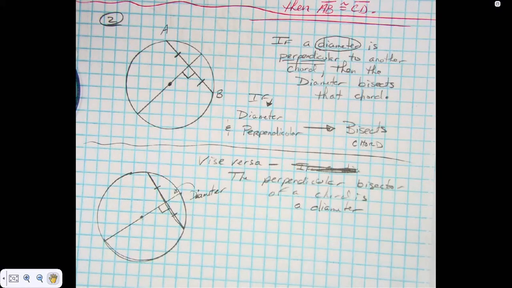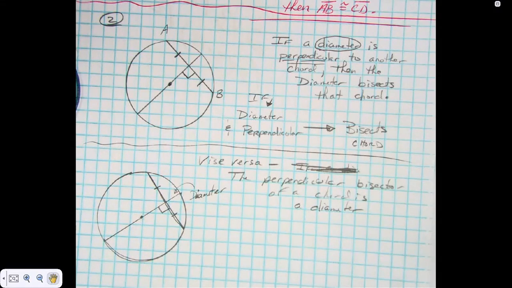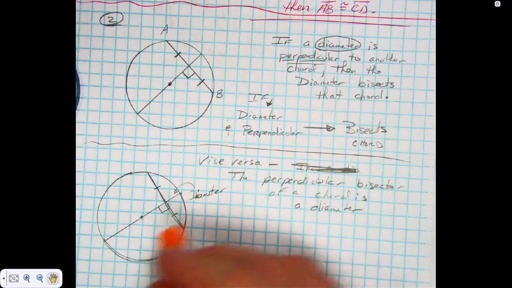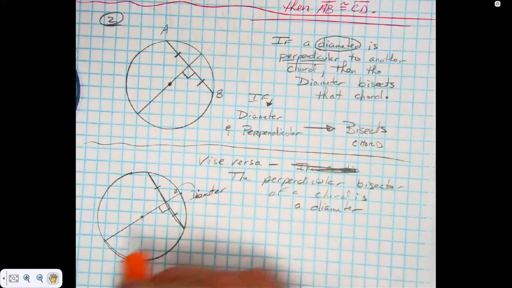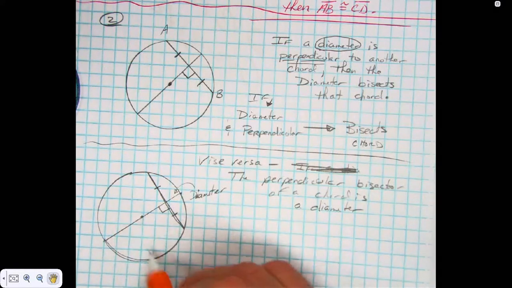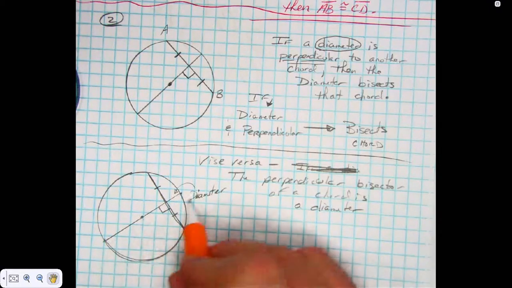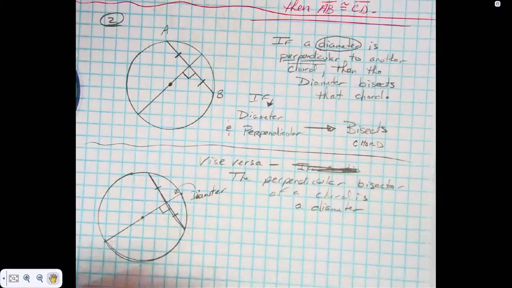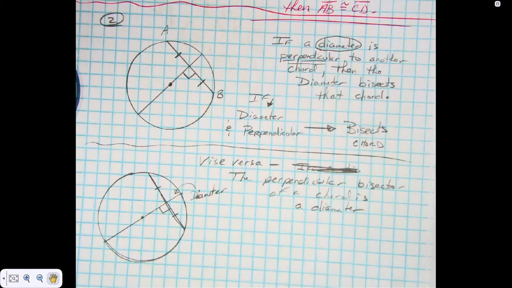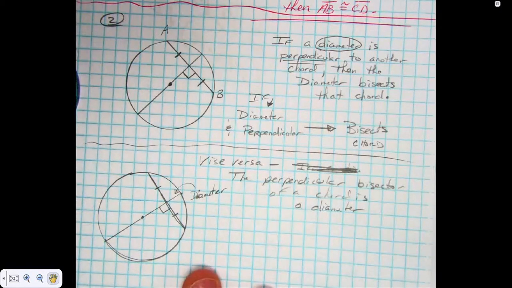Once you know you're on a diameter, it's just a matter of getting the distance from here to here and cutting it in half. But you could easily accidentally draw your line right here, and in real life it'd be kind of tough to tell. So this is something that's used for things like that. This section is a lot of theorems and a lot of things to apply.